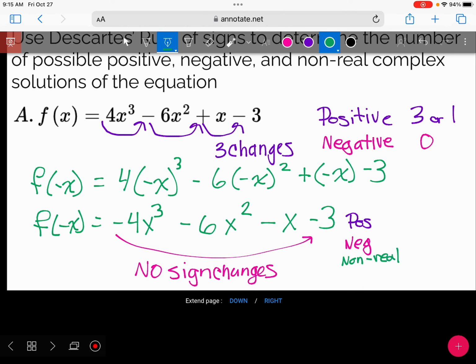So it's positive real, negative real, or not real, imaginary or complex. No matter what, how many roots is this function going to have? 3.